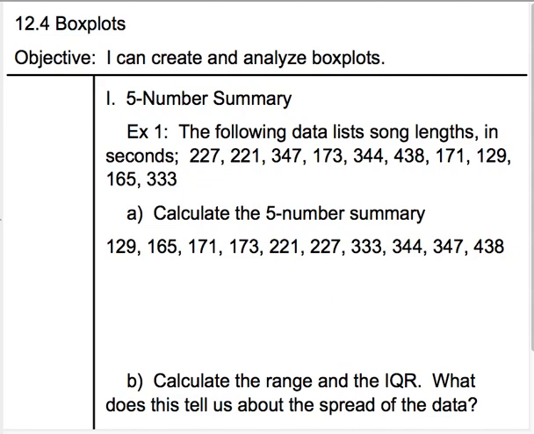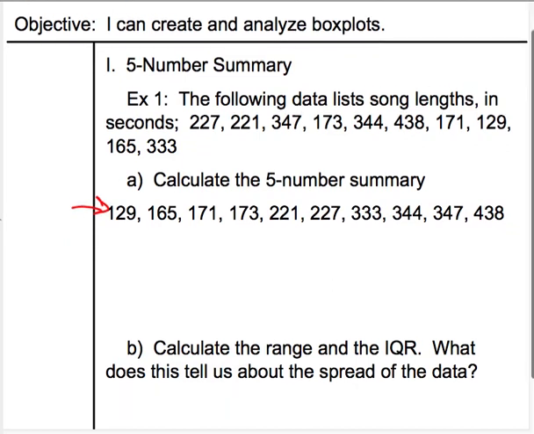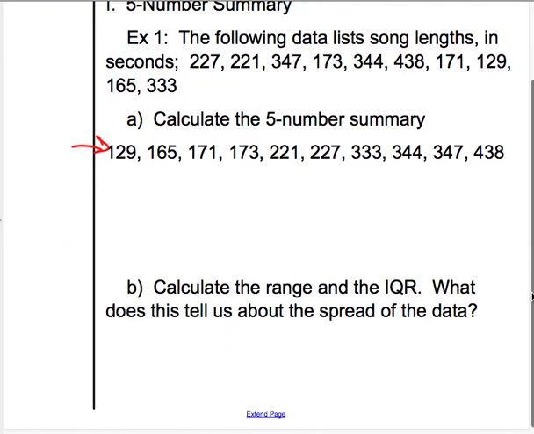And again, the way we do that is we put the numbers in order, least to greatest. I have that organized for you already, so we didn't have to waste time on the video getting them in order. The data is about song lengths in seconds. So we need to keep that in mind when we're analyzing the data when we get to part B. All right, so for the 5-number summary, I have the steps on the previous page.